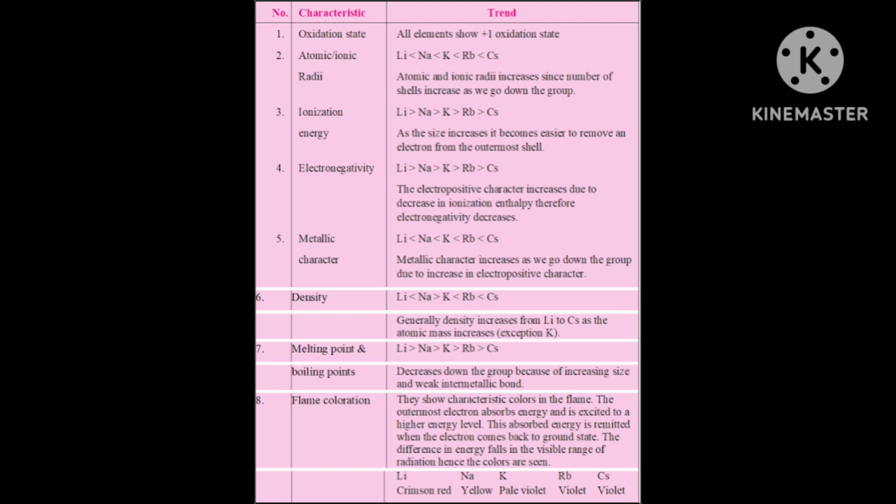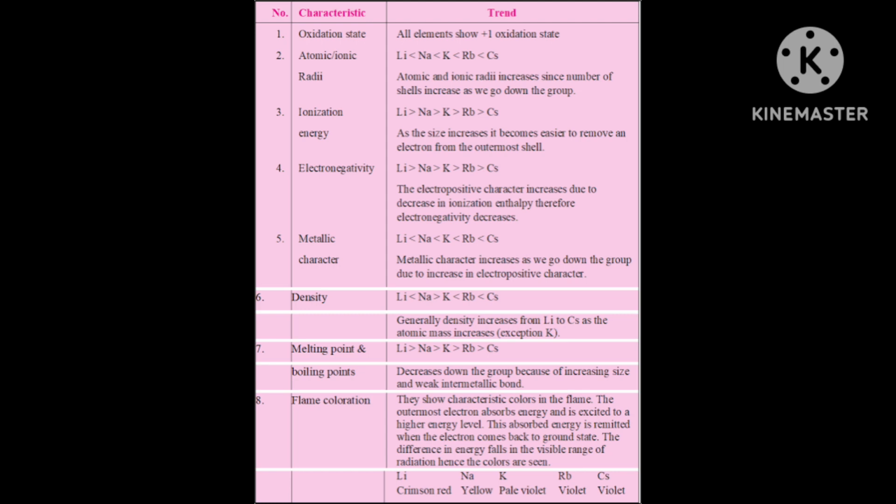Down the group, owing to the decrease in bond energy, that is the bond between H and E, E meaning element, owing to the decrease in bond dissociation enthalpies down the group, the thermal stability of hydrides also decreases.